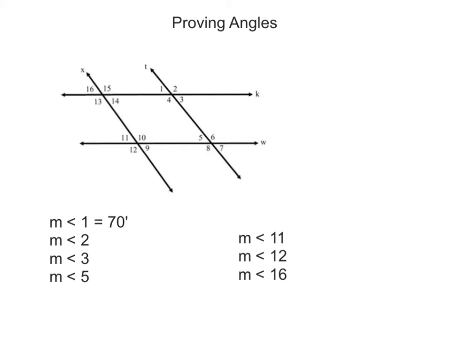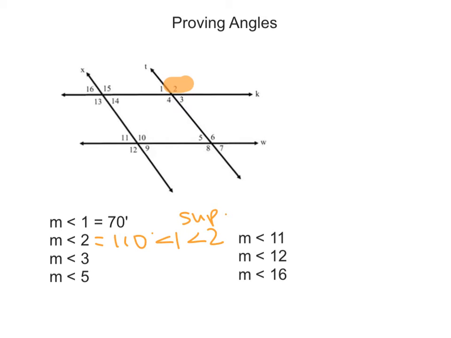I can see that angle 2 is adjacent to angle 1. Also, when you put those together, they create a straight line, which is supplementary angles. So I know that the measure of angle 2 is 110 degrees because angle 1 and angle 2 are supplementary.